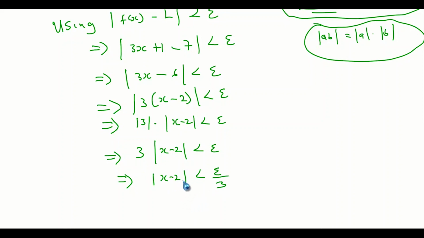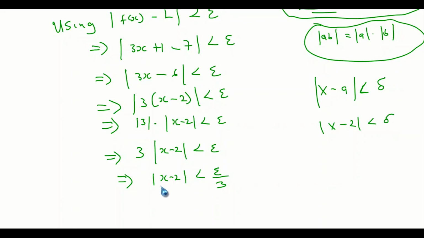If you compare this with the absolute value of x minus a, which we said is less than delta, you see that it is the same, as our a is 2, so it will be x minus 2 less than delta.